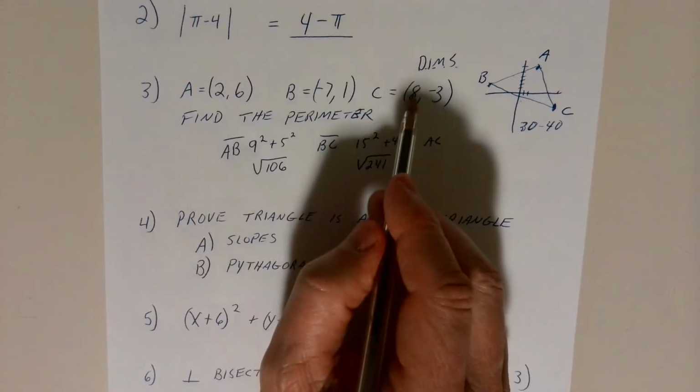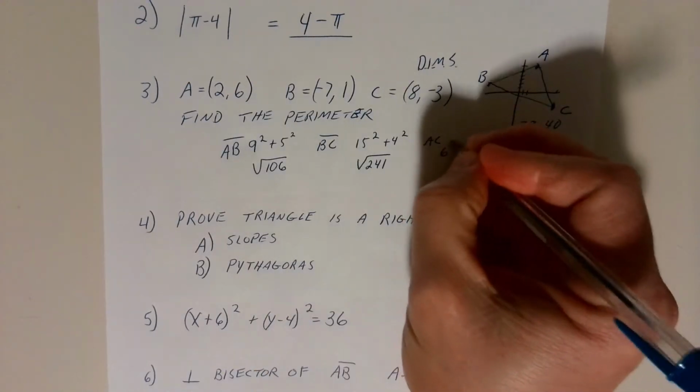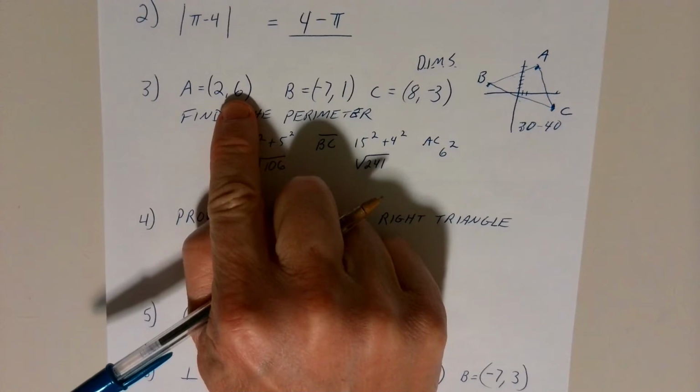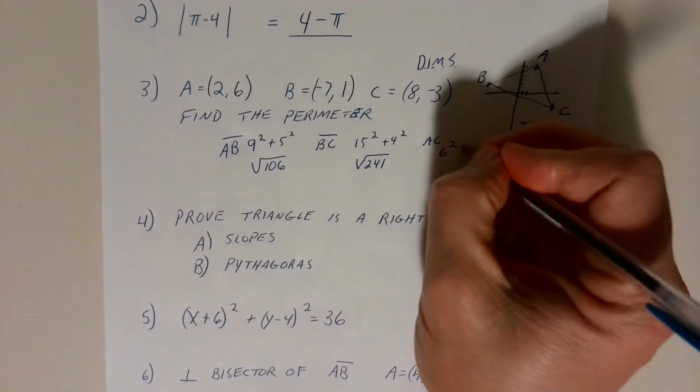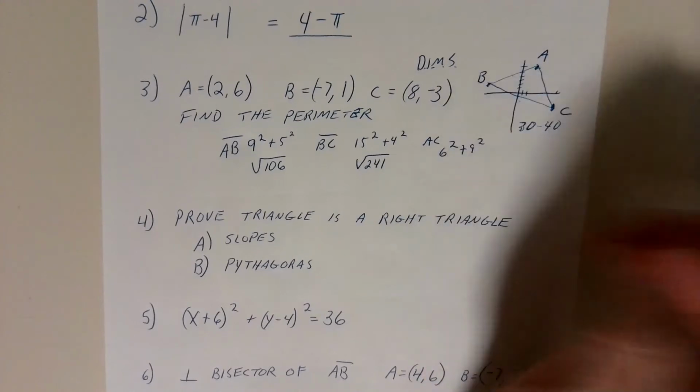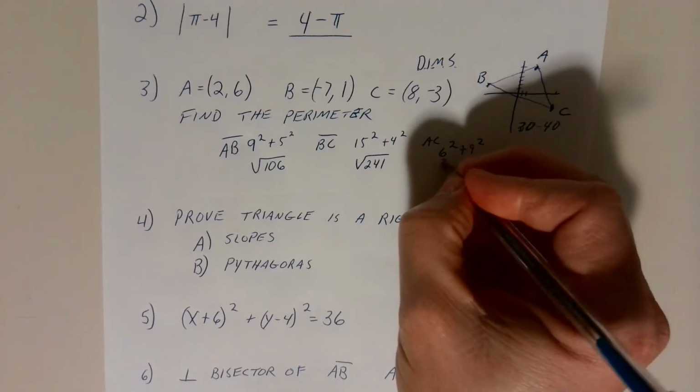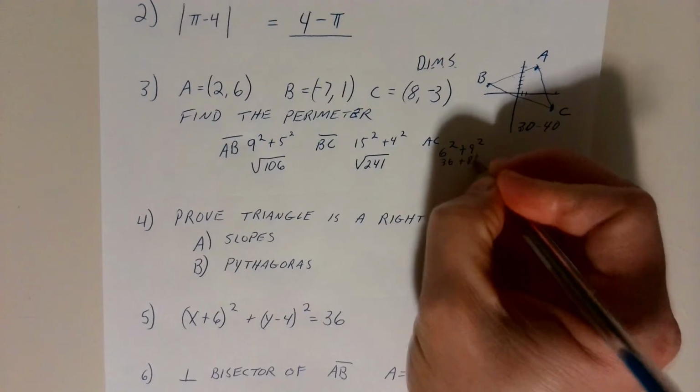So I got to do AC. So 2 to 8 is 6 squared. And now the differences between the y: 6 to negative 3 is 9, plus 9 squared. So that's, I'll write them down this time, 36 plus 81.